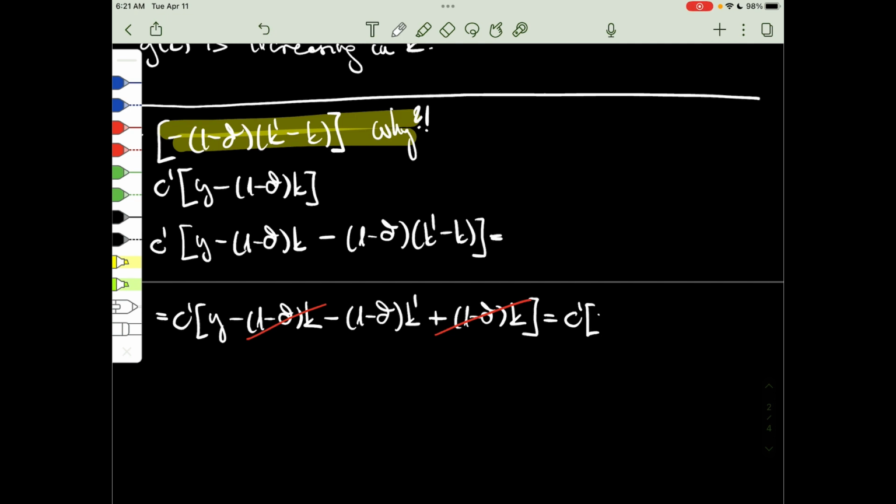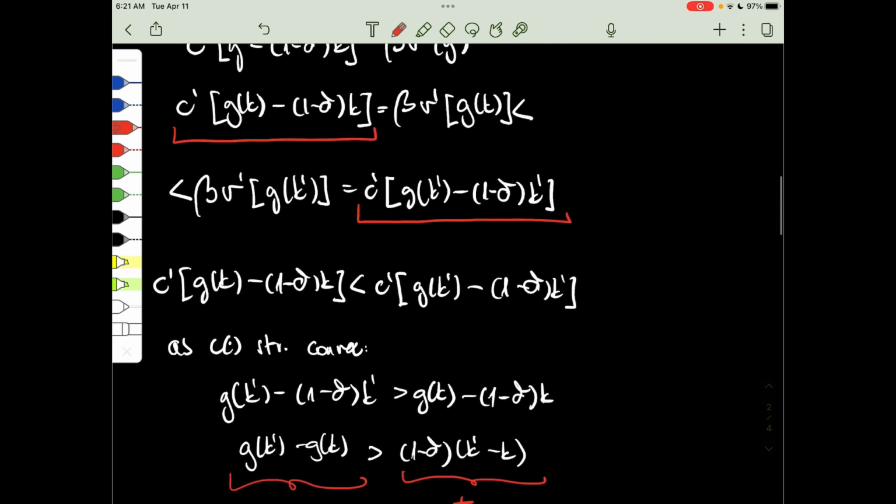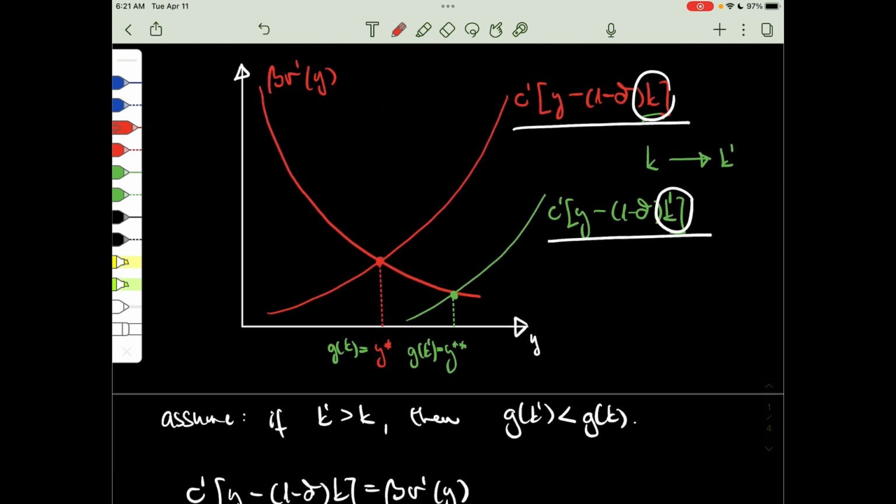So finally we replaced k with k prime. So when replacing k with k prime, actually we add this term to the argument of C prime.